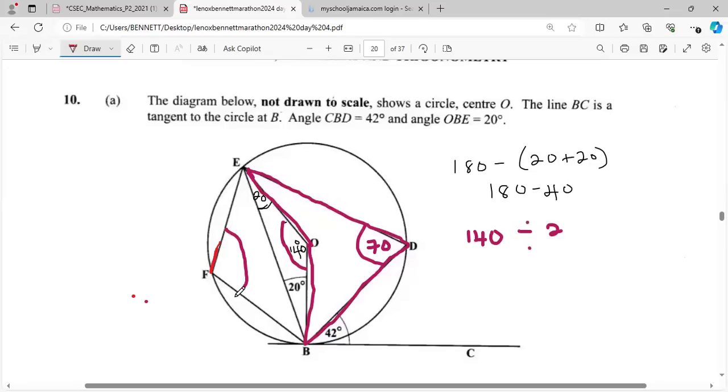You're just looking for the rules as you go along. Put in what you know. It's a cyclic quadrilateral, the four vertices sit on the circumference. So this plus this, I put the 70, gives you 180. So this works out to 110.